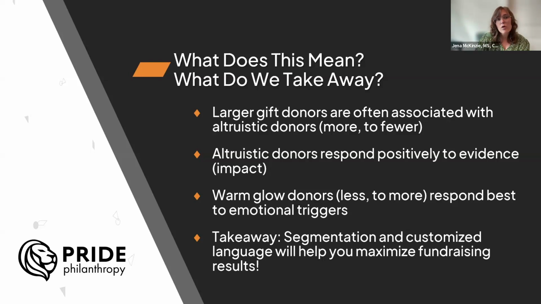They want to see the growth of your organization or that you've decreased that target need that you're working to support or solve, right? The warm glow donors, I like that. That's a little nicer than like mid-level, right? Warm glow donors tended to respond better, more positively to those emotional triggers.